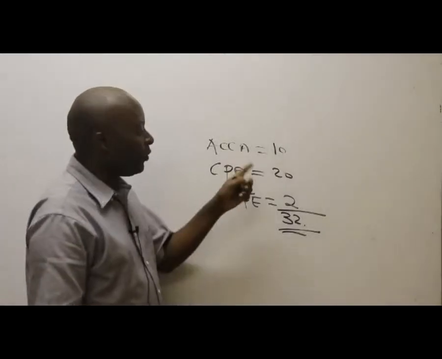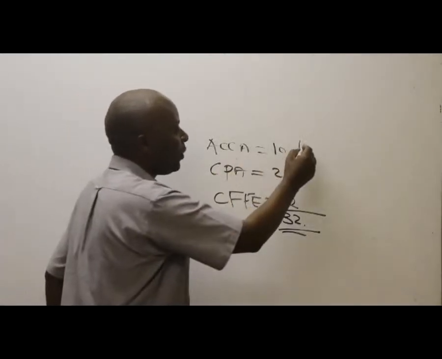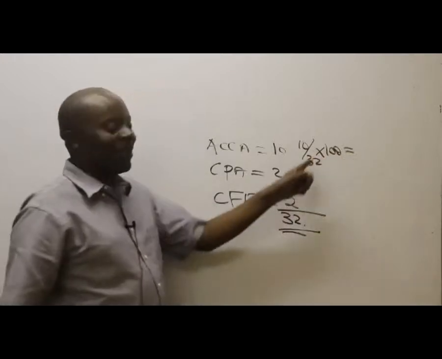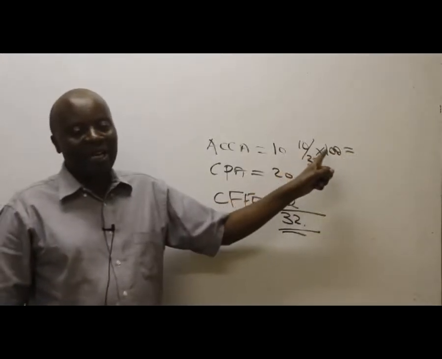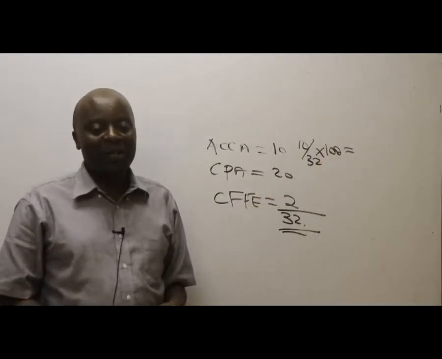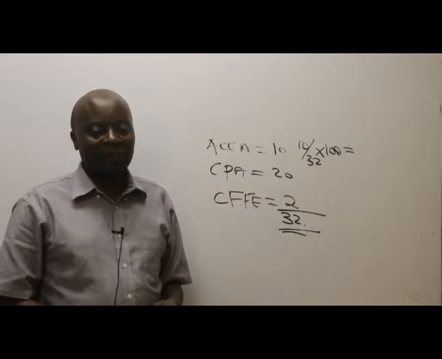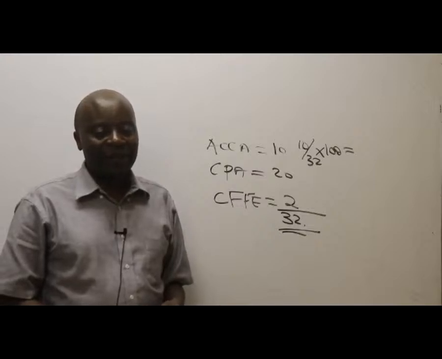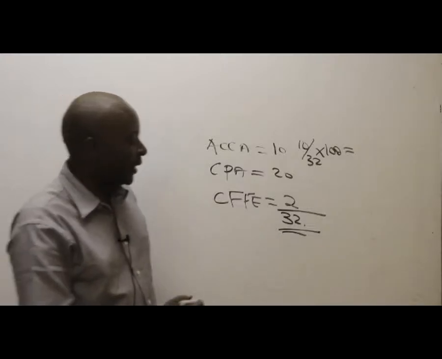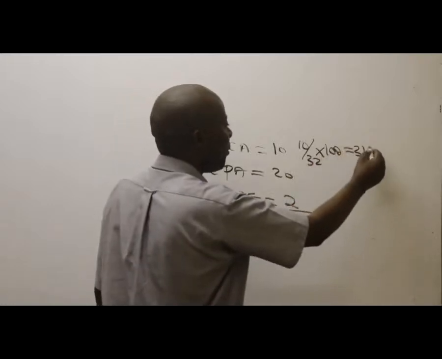So then I'll go to the individual percentages. ACCA is giving us 10 over 32 times 100. Could you kindly give me this percentage? Somebody is telling me it's 31 point something, isn't it? 31.25.